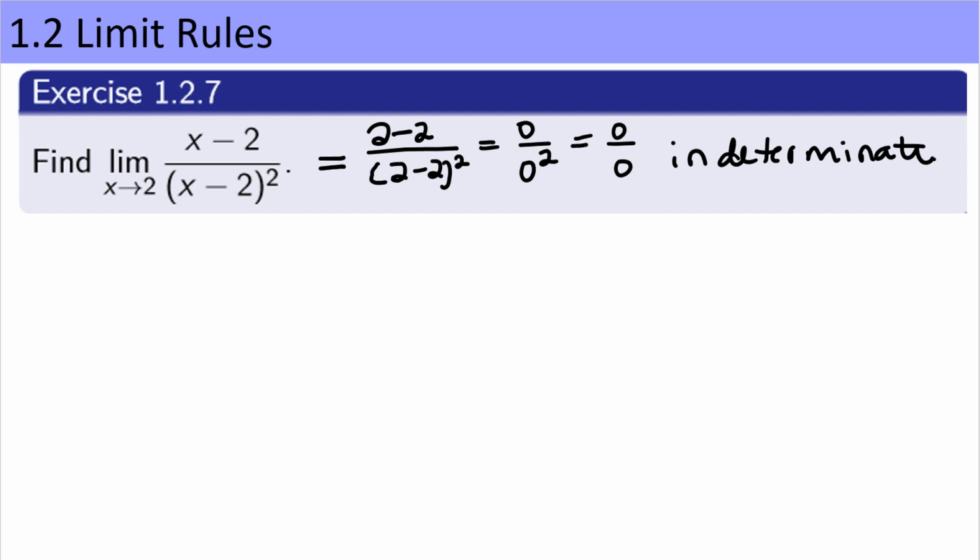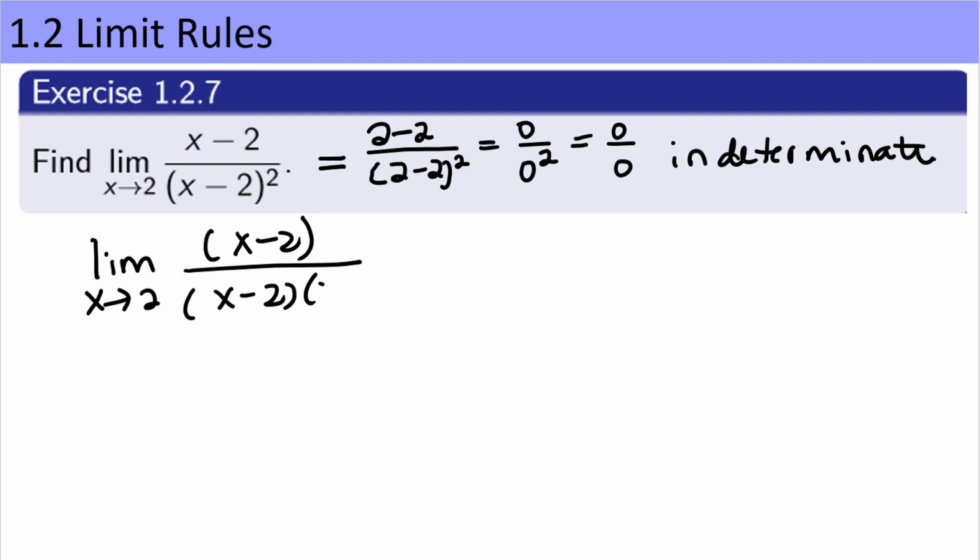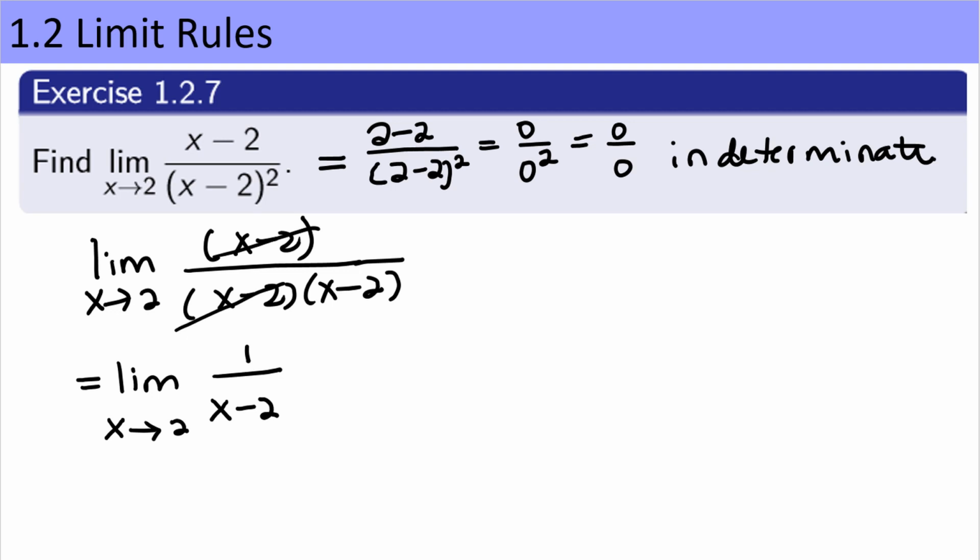We see a quick cancellation, but I'll expand it anyway. I'll write this as the limit as x goes to 2 of x minus 2 in the numerator divided by x minus 2 times x minus 2. That's what the squared means. So we can cancel one common factor in the denominator with the x minus 2 in the numerator. Now we write the limit as x approaches 2 of 1 divided by x minus 2.